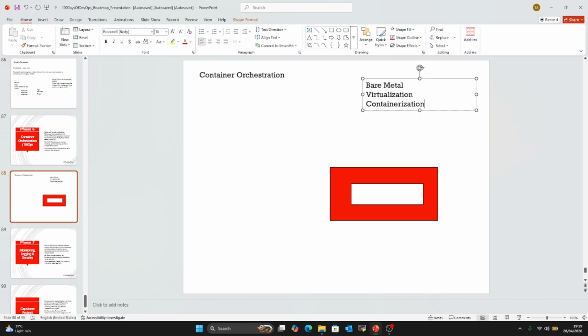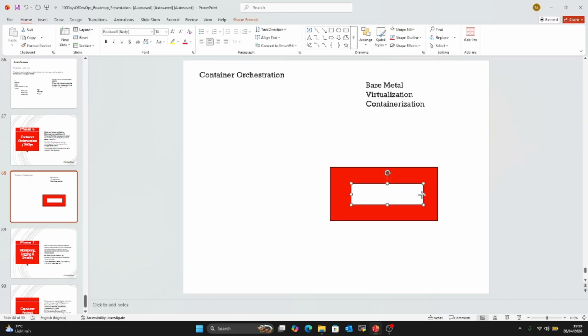However, now there's another challenge. The container platform we use, the most popular container platform, is Docker, right? Now you install Docker on one virtual machine.